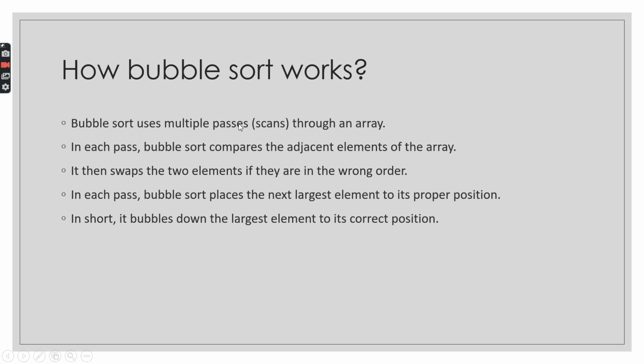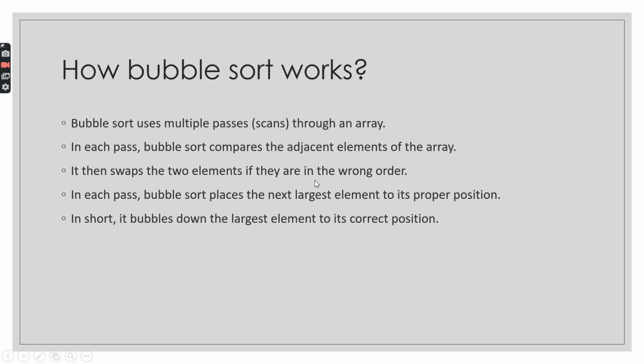Okay, so if we want to sort the elements in an ascending order, bubble sort uses multiple passes through an array. Means we are iterating over an array multiple times. So this is what multiple pass means. In each pass, bubble sort compares the adjacent elements of an array. It then swaps the two elements if they are in the wrong order.